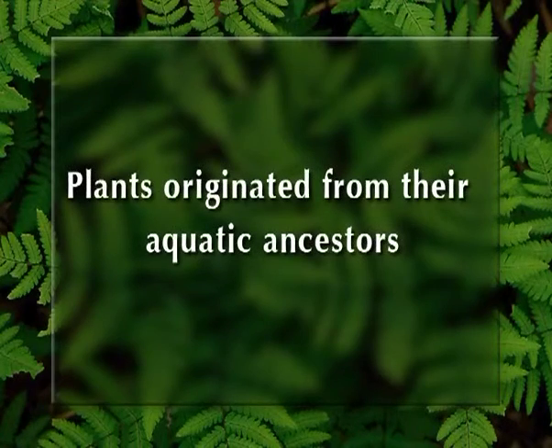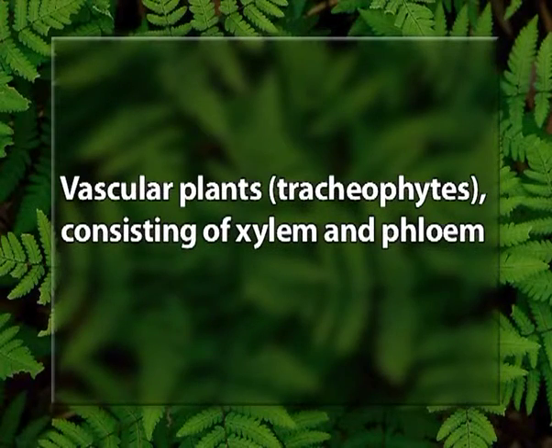As we know, like all other living organisms, plants are also believed to have originated from their aquatic ancestors. In this evolutionary transition from aquatic to terrestrial habitats, a group of plants, commonly known as vascular plants or sometimes tracheophytes, developed an efficient conducting system which consists of xylem and phloem.